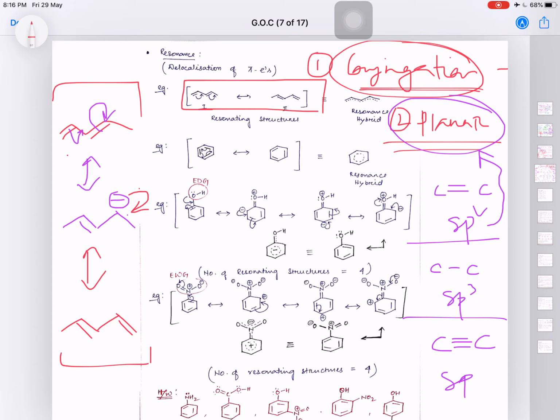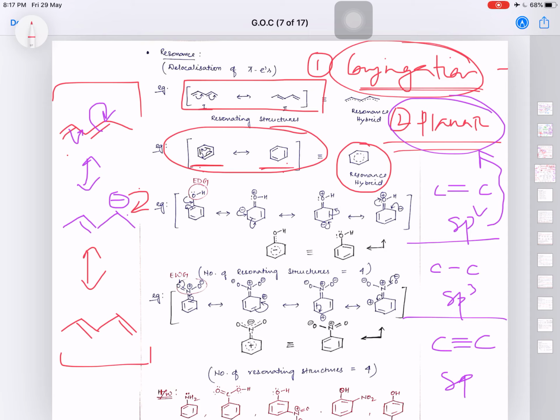Secondly, benzene can be drawn in two forms, this one and this one. Both these forms contribute 50-50% to the original structure of benzene, which is called the resonance hybrid. Both are equal because in both you have 6 carbon atoms and 3 double bonds, and all the carbon atoms are sp2 hybridized.